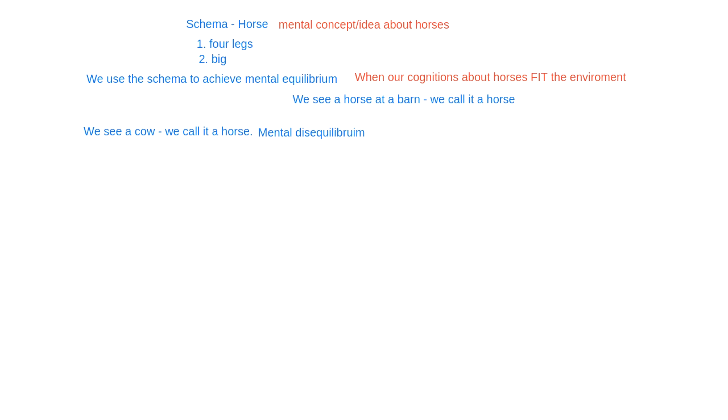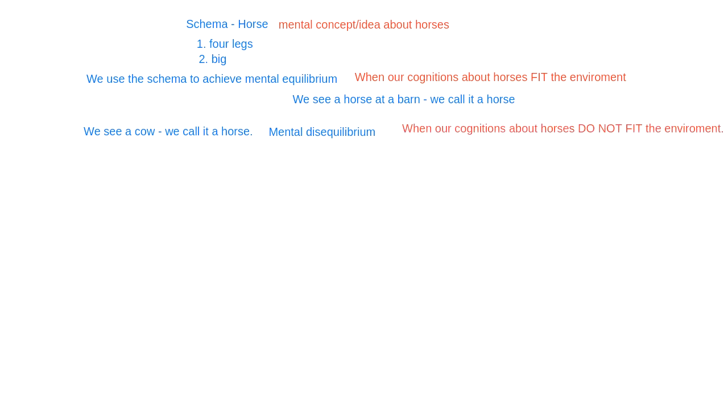So there we go. So we have mental disequilibrium. So put our definitions right here. So when our cognitions about horses do not fit the environment.